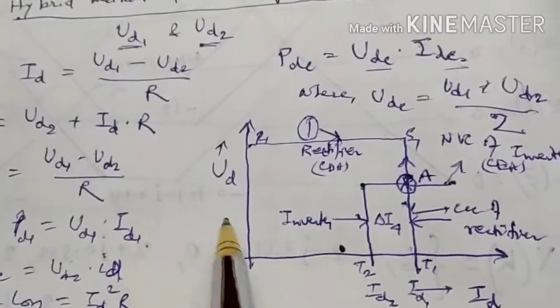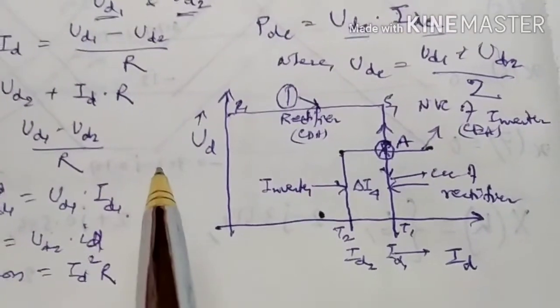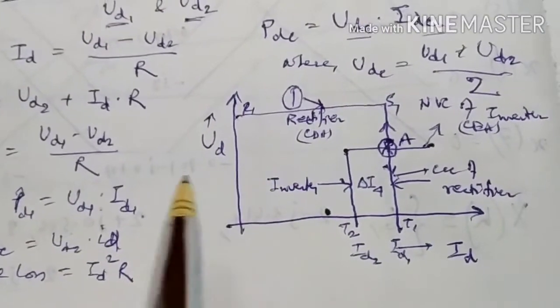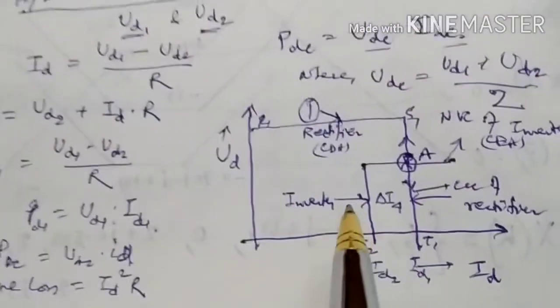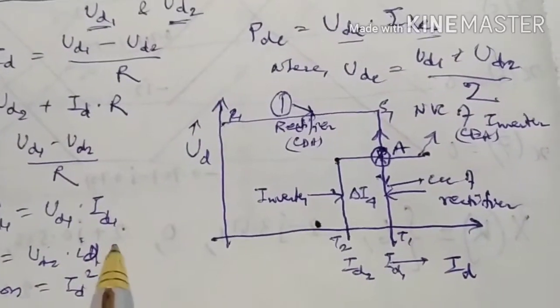So this respect is used for quick and accurate control of power flow through an HVDC link. So power flow is controlled by changing the difference between the sending end voltage and receiving end voltage, so as to change the value of direct current.